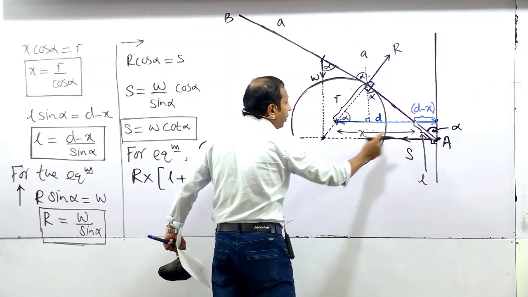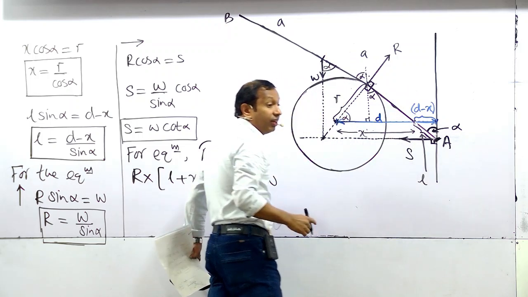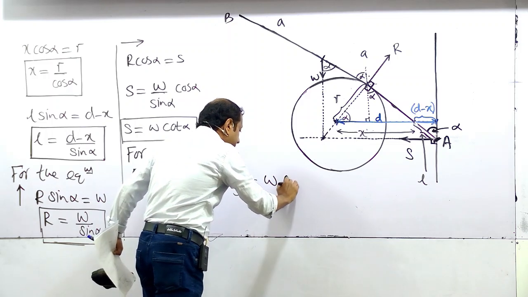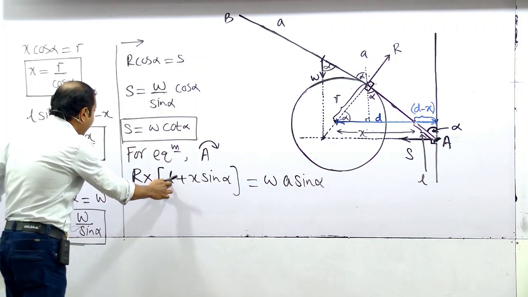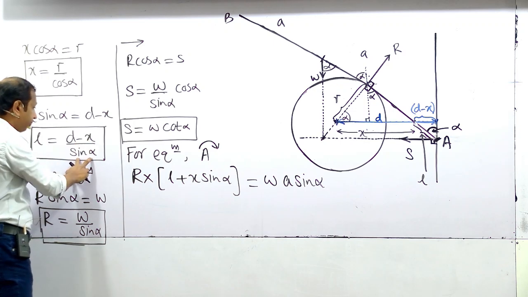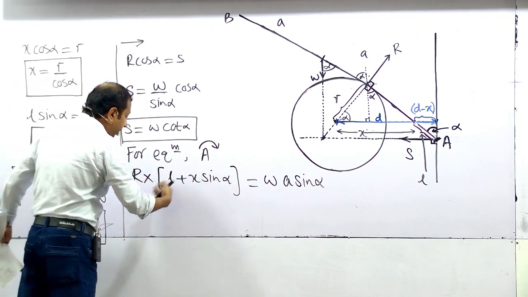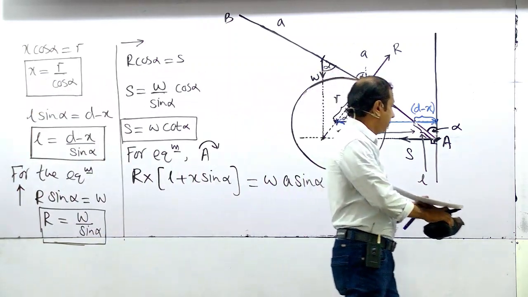Here to here, it's a, this is alpha. Then what is this? a sin alpha. W into a sin alpha. This whole, people, now substitute for what? L by this and x sin alpha, and substitute R. Keep simplifying. You get the answer. Hurry up.